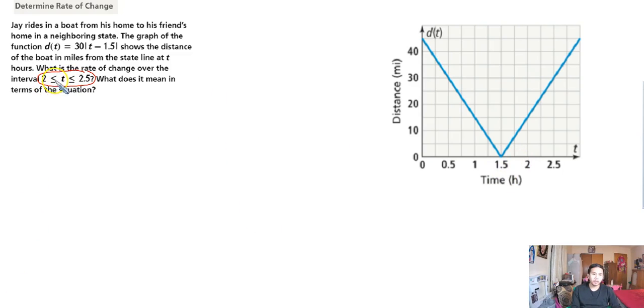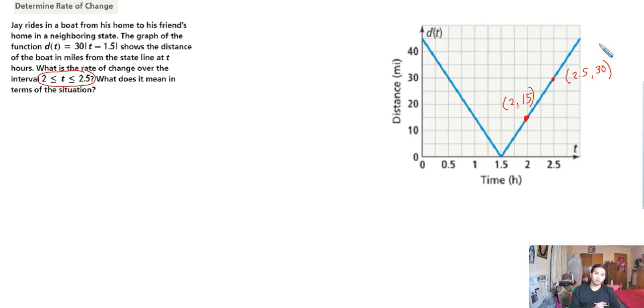If t is greater than or equal to 2, the point here is t is 2, and that is 15. And the other point, which is 2.5, is this one. So that is 2.5 and 30.